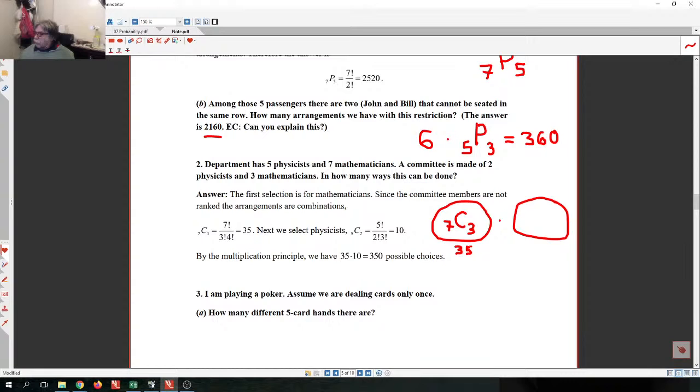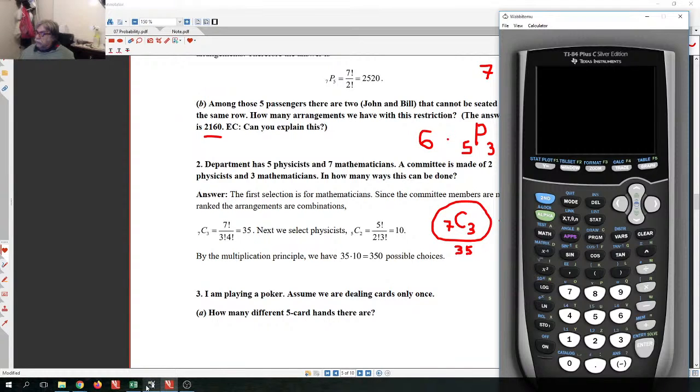In the second choice you're making, you select two physicists out of a set of 5. You can use the same argument, and the number you are going to have is 5 choose 2 combinations. And this number is 10. Again, you can use your calculator for either one of those numbers. For example, the first number, 7 choose 3, how do I get 35?